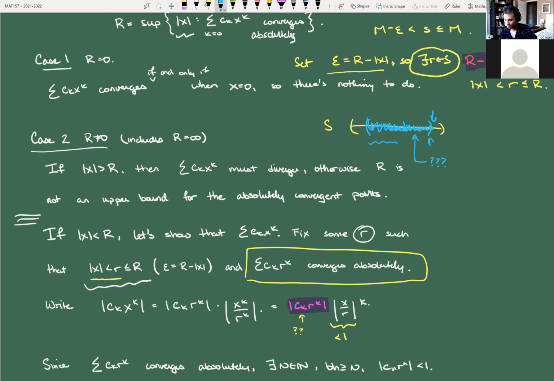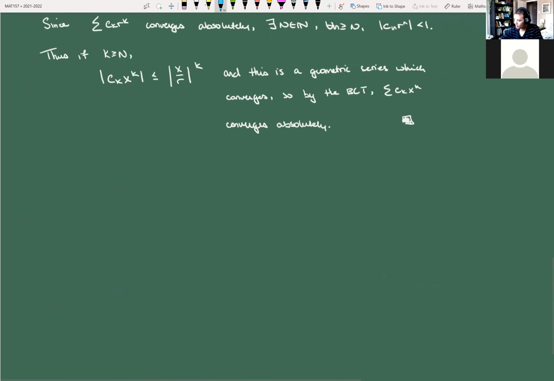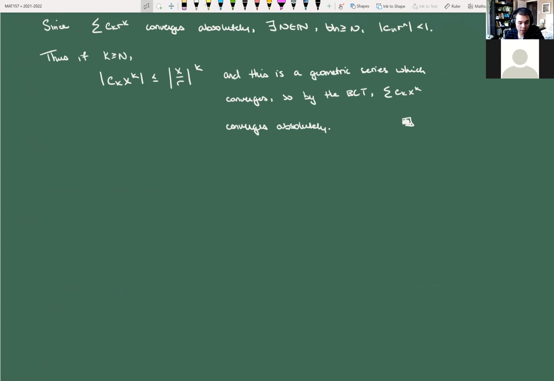All right, so let's do maybe a non-geometric series example. Let's see what that works out to be. So, example: let's say find the ROC, the radius of convergence, for this series.